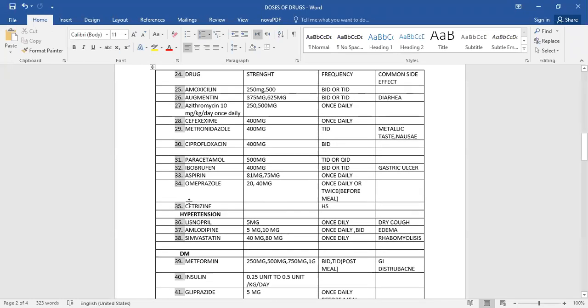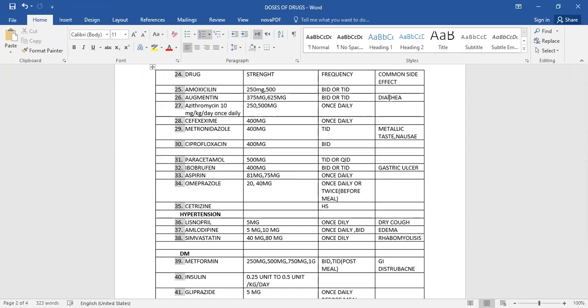Okay, if you see here, I've written down the strengths. Amoxicillin is available in 250, 500. Augmentin 375, 625, given BID or TID. The common side effect of amoxicillin and Augmentin is diarrhea. Okay, this is the common side effect of this medication.